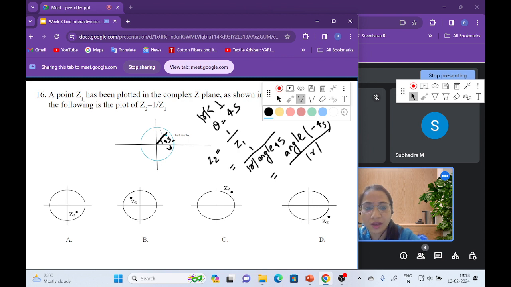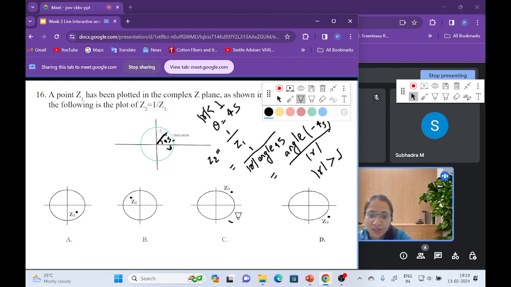Okay. In that case, if angle is minus 45 degree and mod of R here is less than 1, it goes down, then it must be R is greater than 1. So if it is greater than 1, it will be outside the unit circle. Okay. So firstly, which point is outside the unit circle?